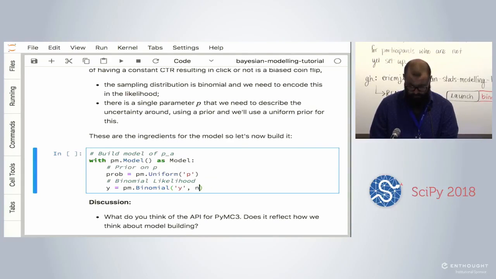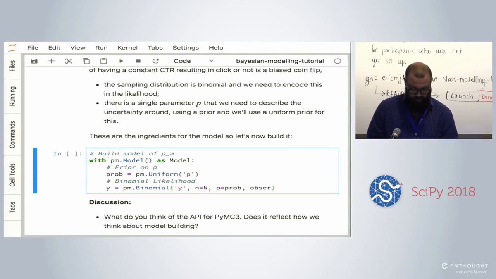Now, how many coin flips are we doing, or how many people are coming through? The number of observations is going to be capital M. Now, the probability, the p in our likelihood, is this prob. So in the likelihood, we need to specify the uncertainty, the prior, and this is the prior up here. Now, remember, the likelihood depends on our observations also.